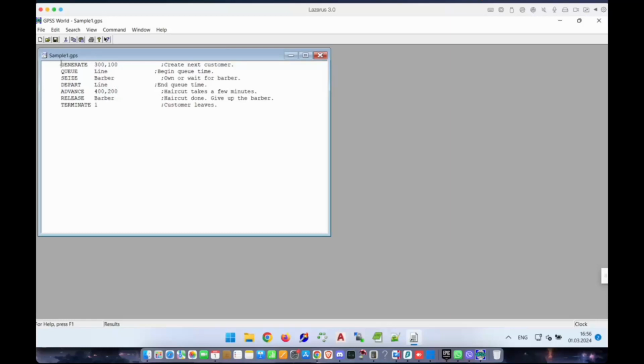As for the generate, the time means 300 plus minus 100 time units after the previous transact entered the system. The advance holds the transact for 400 time units plus minus 200, and then afterwards the facility becomes free of the transact, and the transact is taken out of the system, registering that one transact went out.